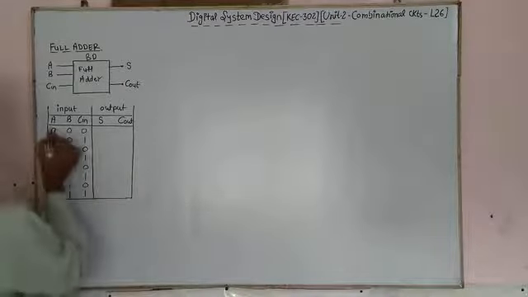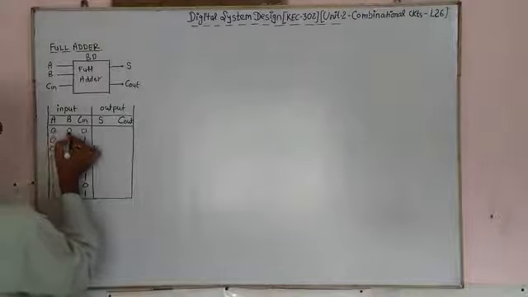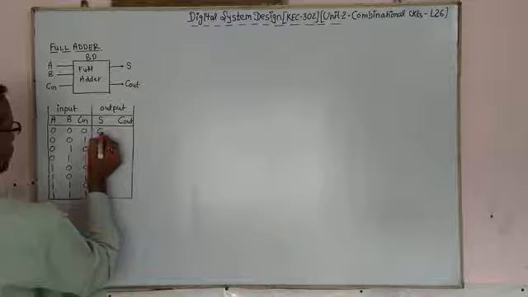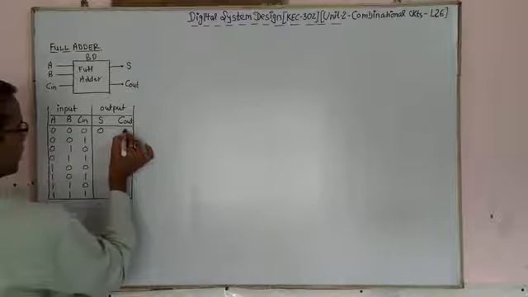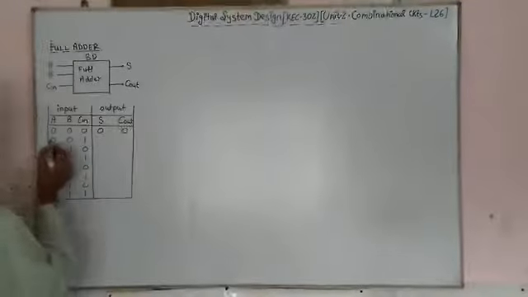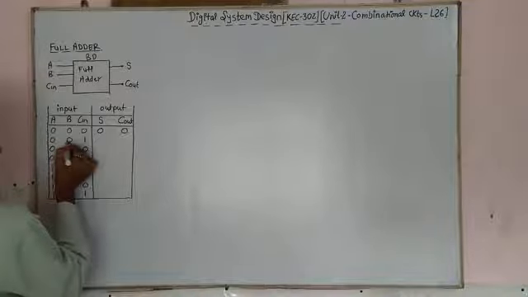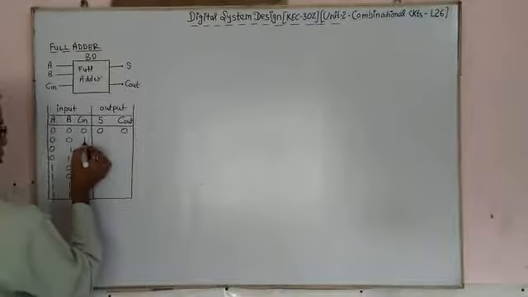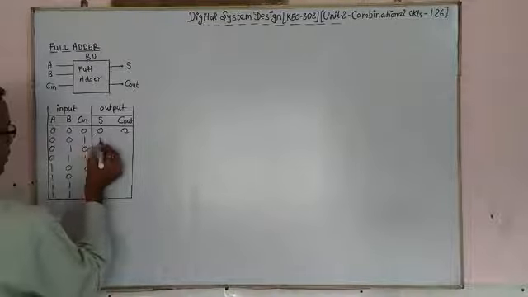So if you add A plus B plus C in, then you will get sum of 0, and there is no carry, means the carry output is 0. If you add 0 plus 0, you will get 0, and that 0 you will add with 1, you will get 1, and there is no carry.